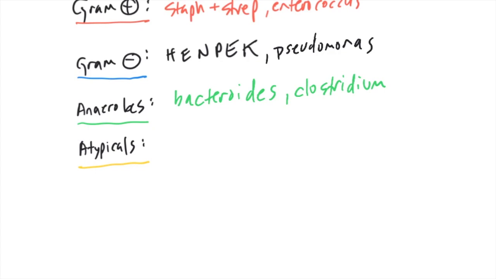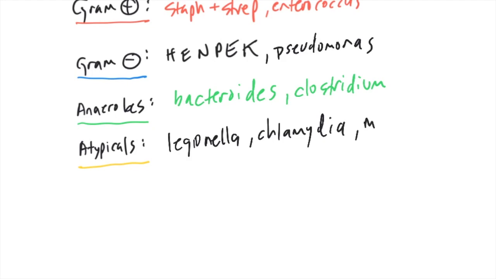Regarding atypicals, examples of atypical organisms are Legionella, Chlamydia, and Mycoplasma, as in Mycobacterium tuberculosis, as in MAC in HIV patients.